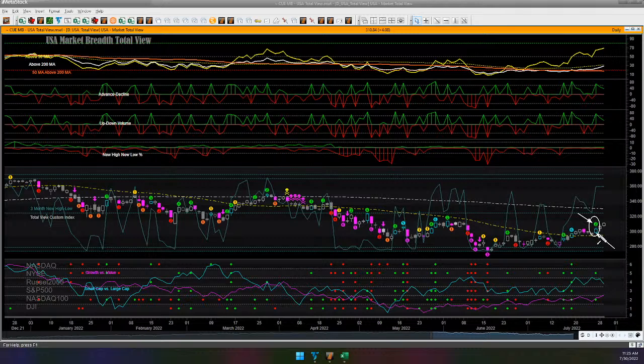So market ETF showed bullish trend beginning again on Wednesday, and market breadth total view showed that under the hood the market was bullish, very healthily bullish, and we could again buy stocks on Wednesday.